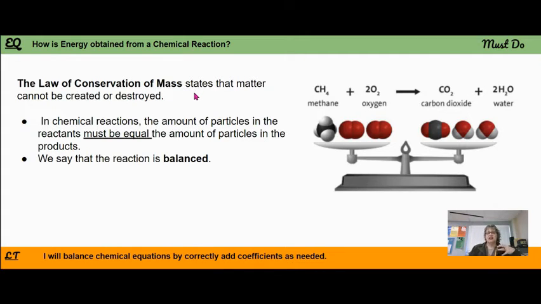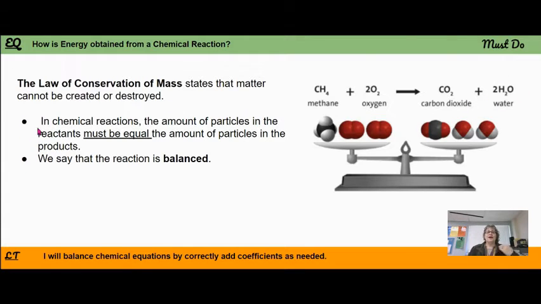Okay, so the law of conservation of mass is what I was just talking about. It states that matter cannot be created or destroyed. That means that to balance these two equations out, I can't just add another oxygen, or two more hydrogens. I have to think about how many methanes I need to mix with how many oxygens in order to get a comparable carbon dioxide and water.